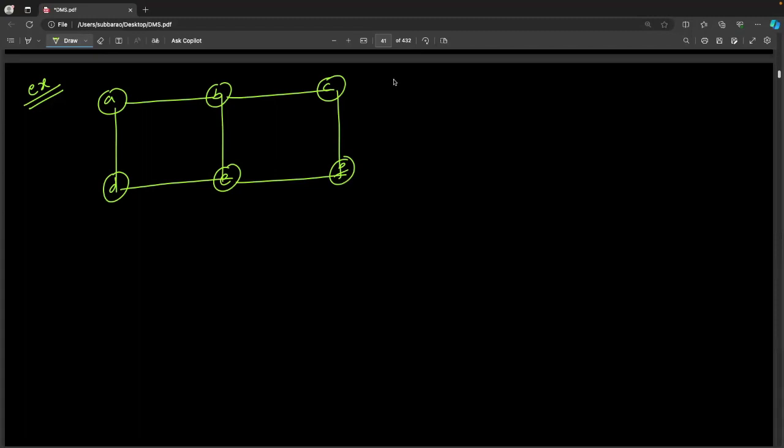The question here is: is it an Euler graph? How are you going to solve it? Please solve. Don't think much. Whatever you understood, can you try once? Is this graph an Euler graph? That is the question I am asking.